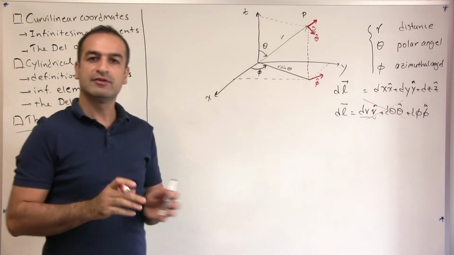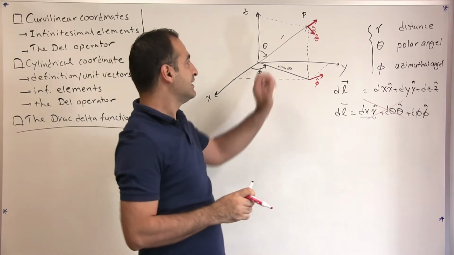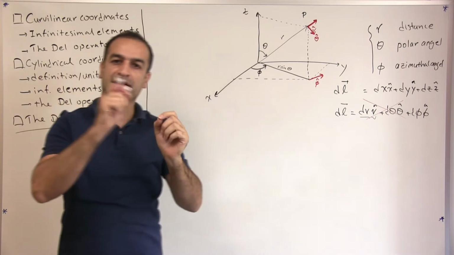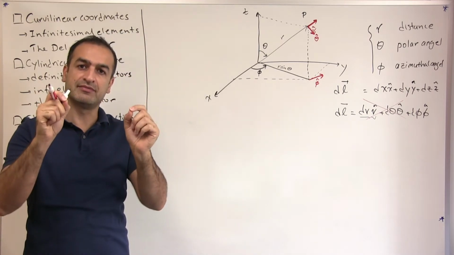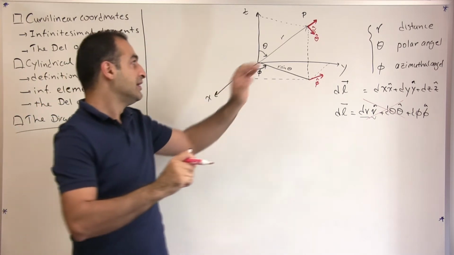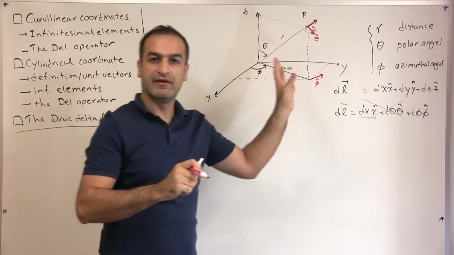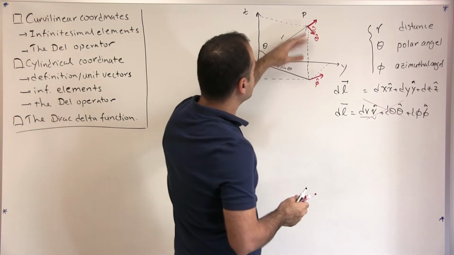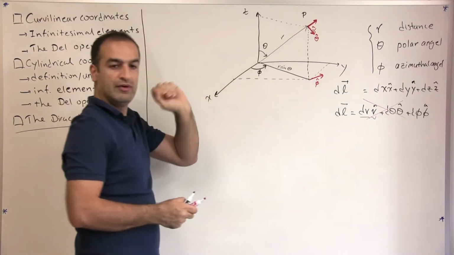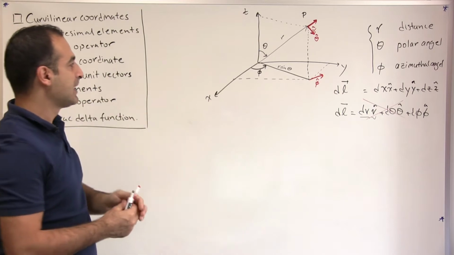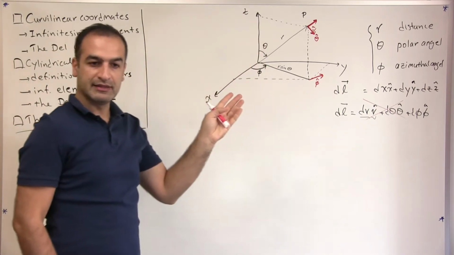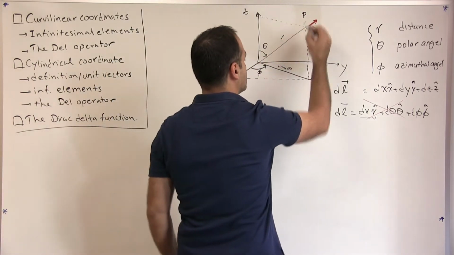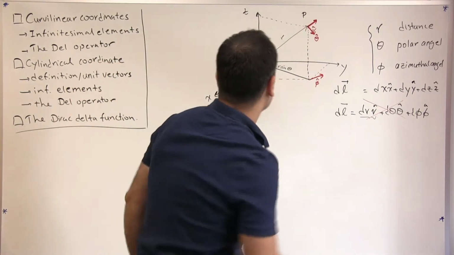Okay, now let's look more carefully. Let's imagine we move P from one point to another point and try to figure out the displacement in terms of r, dr, theta, d theta, phi, and d phi. So now let's imagine we move point P only in the radial direction. What happens? Theta remains constant, phi remains constant. We just move one small step in the r direction.